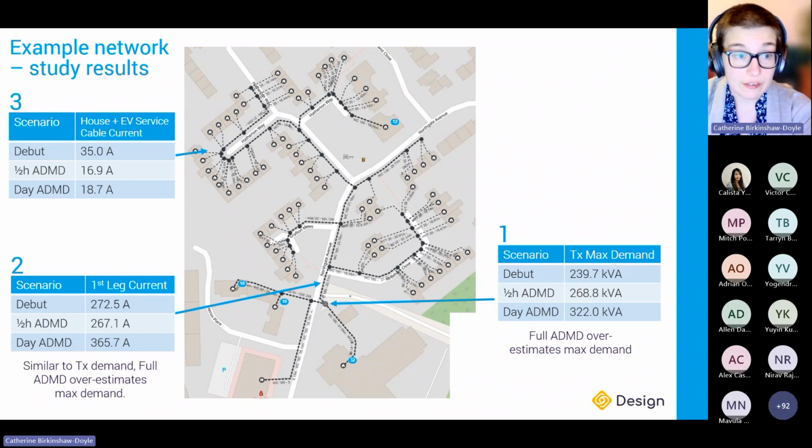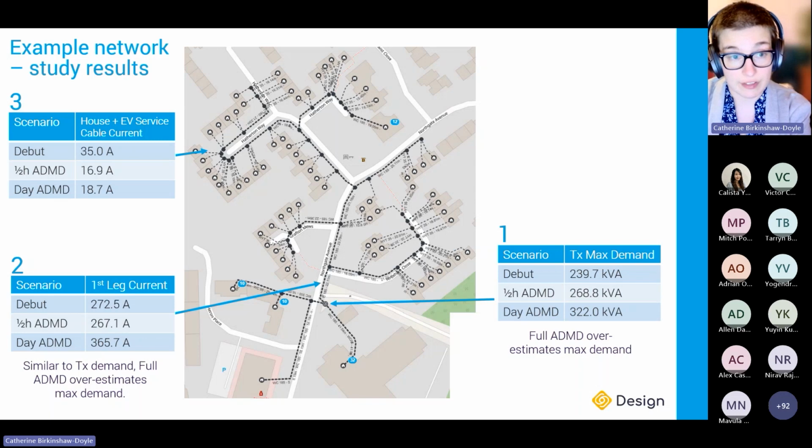There is, however, a big difference in how W has modeled the service cable current. So the two ADMD approaches are using this fully diversified demand model to estimate the service cable current here, whereas W has modeled the demand from this house and from this EV on the service cable at the one customer diversity level.